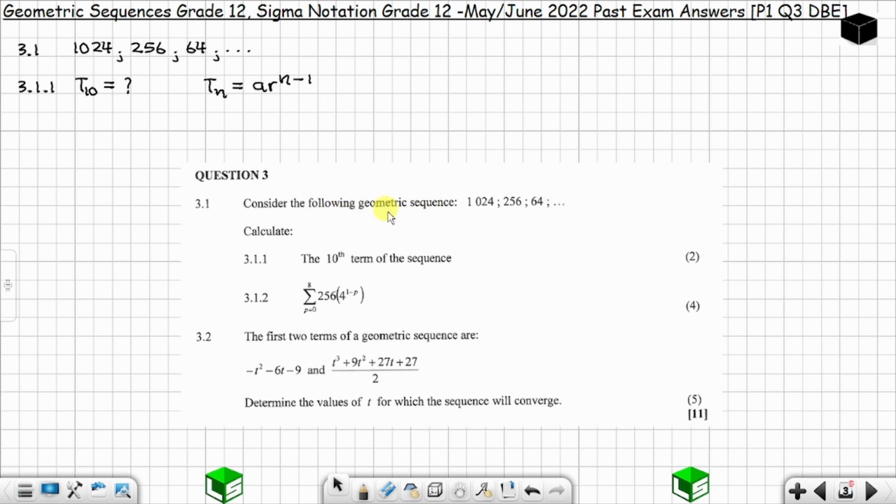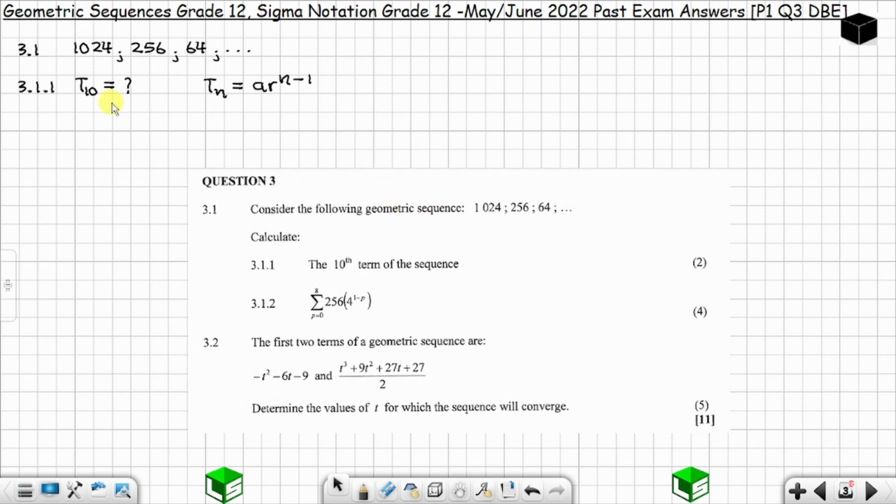Okay, so we want to get T10. Now let's get our A. Remember, A is the first term and the first term is 1024. So A is equal to 1024. And what is R? R is the common ratio. How do you get your common ratio? You always take the next term and divide by the previous term.